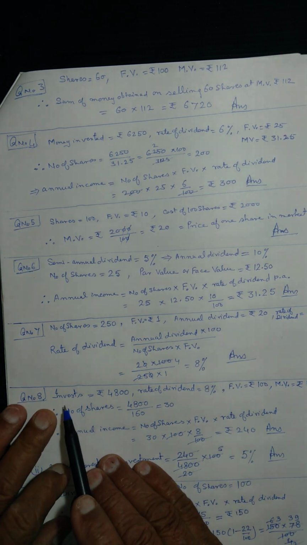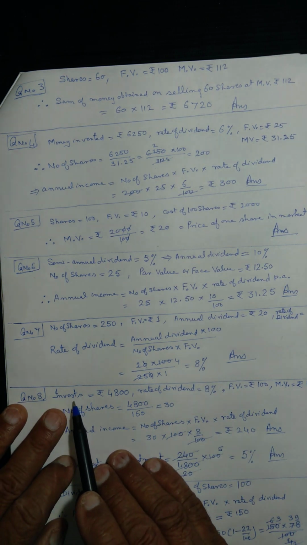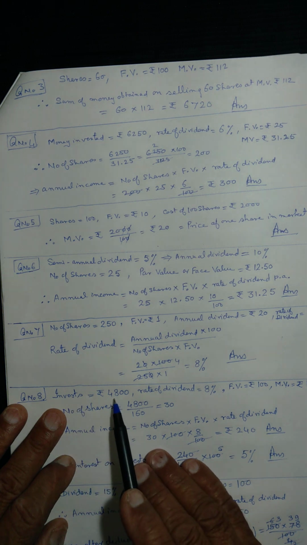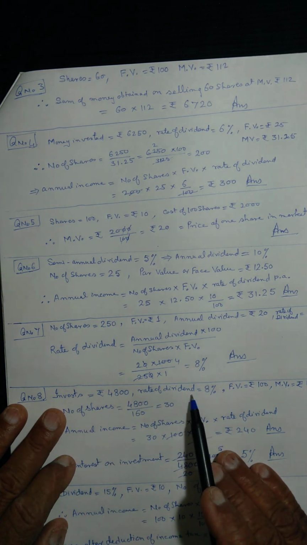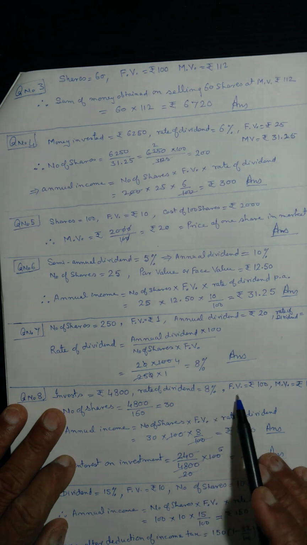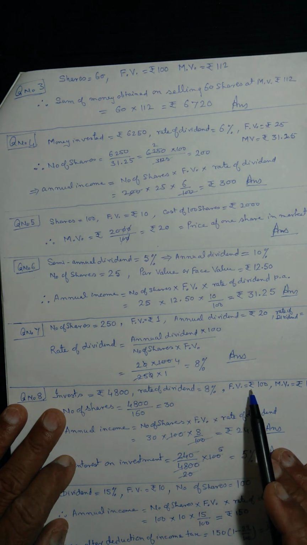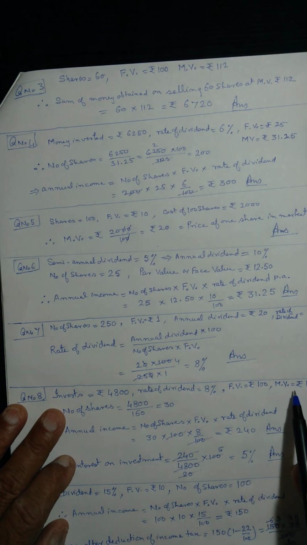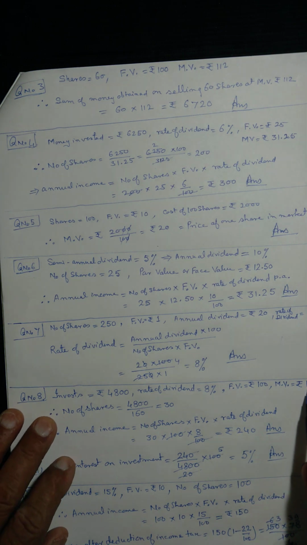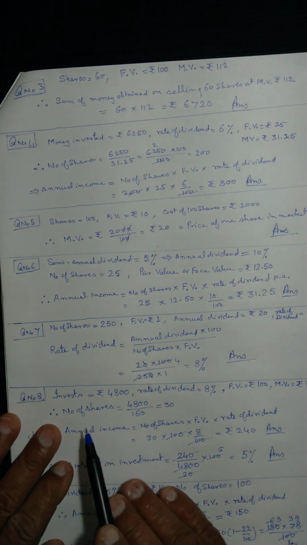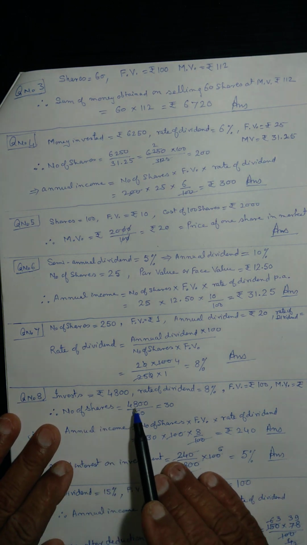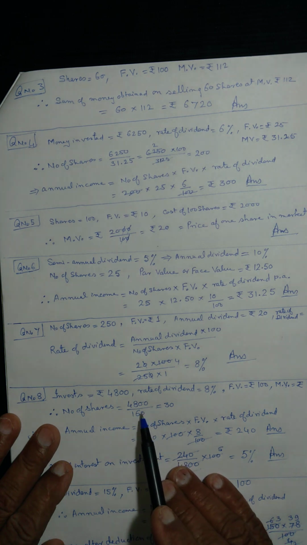Question number 8. You see, investment is rupees 4,800. Rate of dividend is 8%. Face value is rupees 100. Market value is equal to 160. Number of shares will be equal to 4,800 divided by 160.